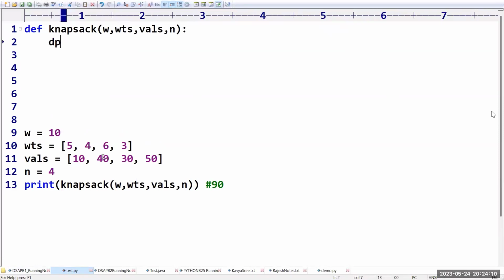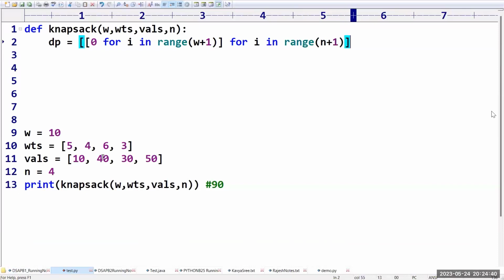I will create a dynamic programming array here. Sir, it is not possible to solve this problem using a single array. We have to take a two-dimensional array. I will explain how we are going to take that. Initialize 0 for each i value in the range of total weight plus 1, and after that for each i value in the range of n plus 1, number of objects plus 1.